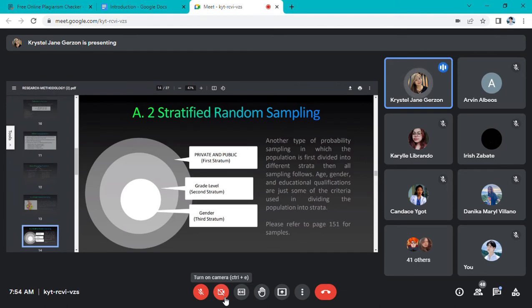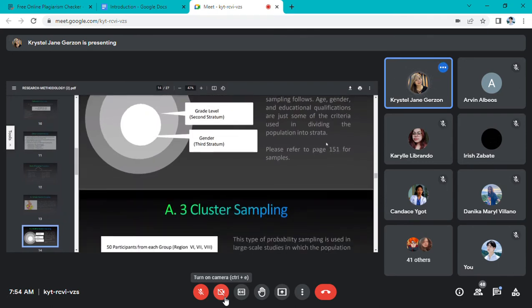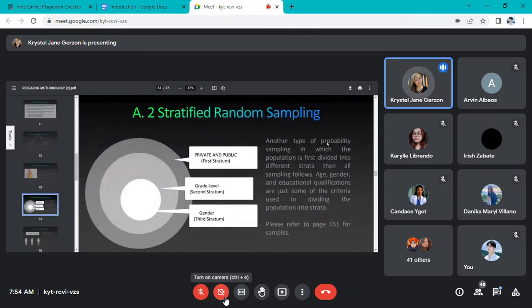If you want the characteristics of your respondents to be scattered, then you can use stratified random sampling. Because before you choose them, you are already dividing them, so you are sure that every group will be represented.